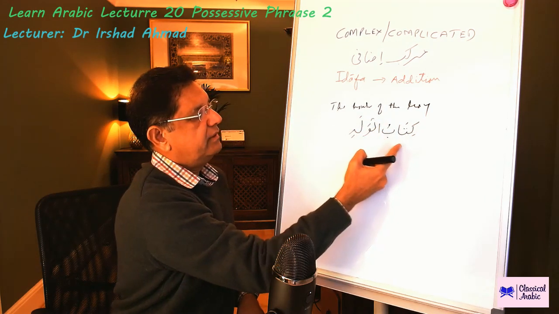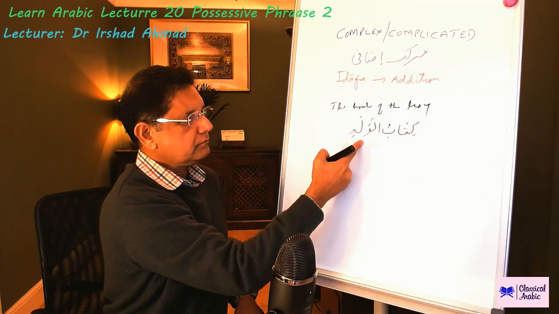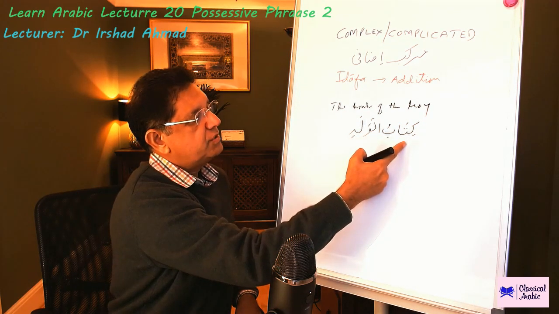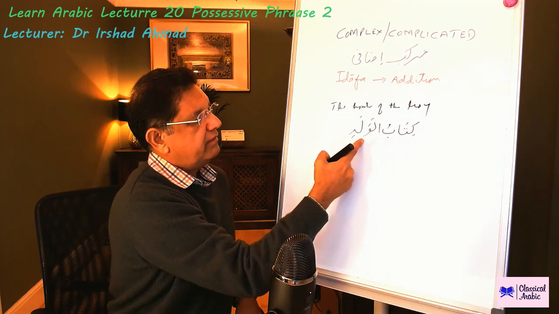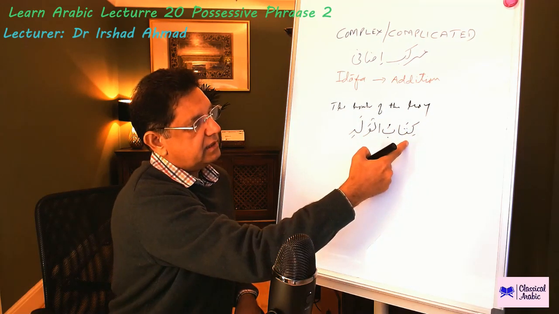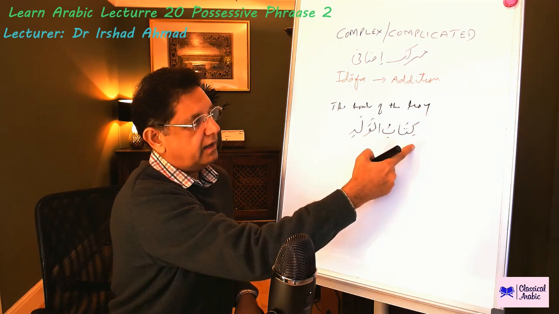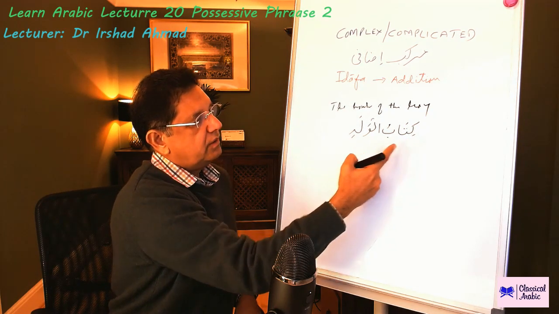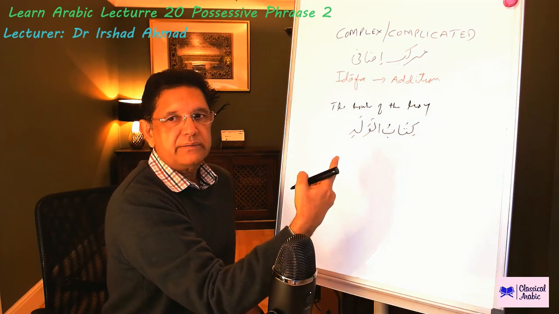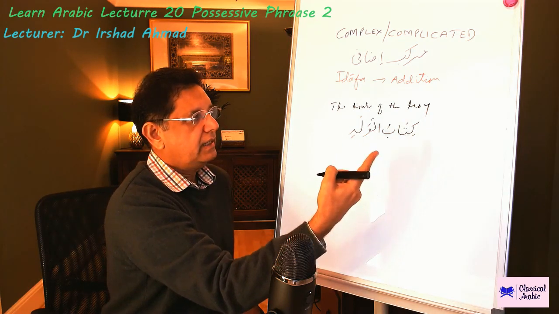Mudaf, mudaf ilayh. We know that mudaf can take any i'rab depending on its position or place in a sentence. Mudaf ilayh is always majroor. Mudaf cannot take tanween and it cannot take al either. So because of that, mudaf kind of stands out in a writing.